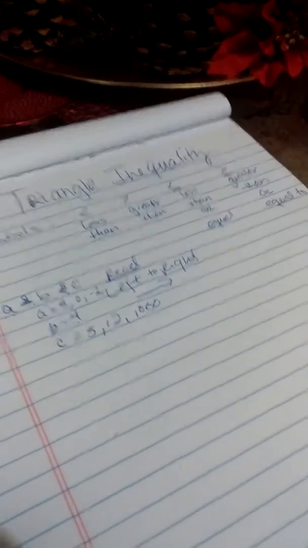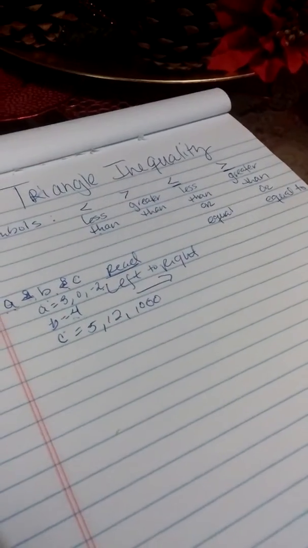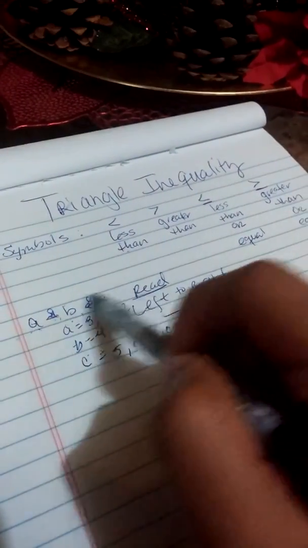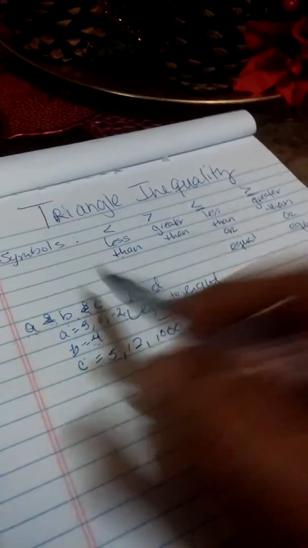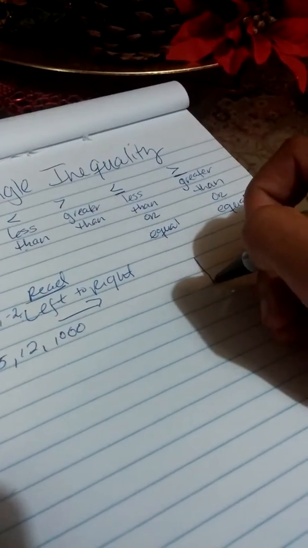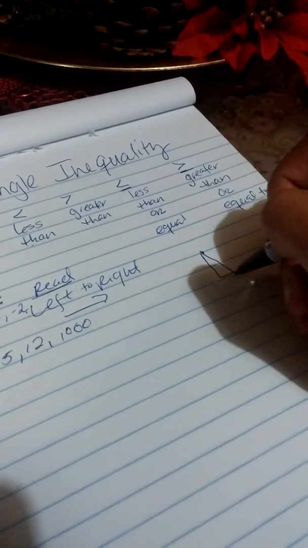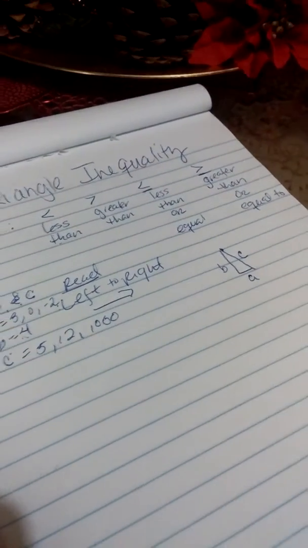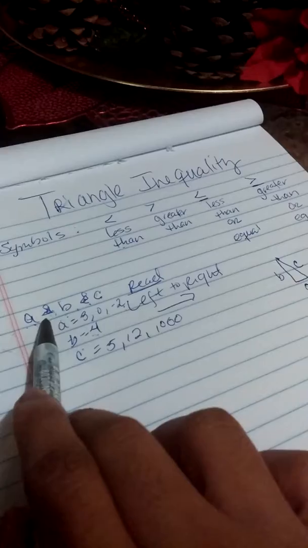So now let's apply this to triangles. A triangle inequality is going to be an inequality statement about the 3 sides of a triangle. So let's say we have a triangle over here. This is side A, this is side B, this is side C. And you try to match it up exactly like here.